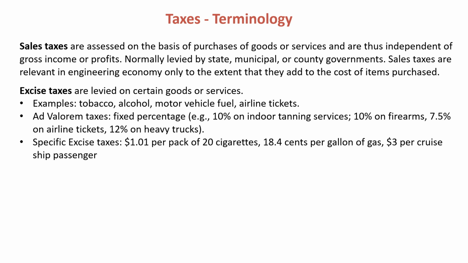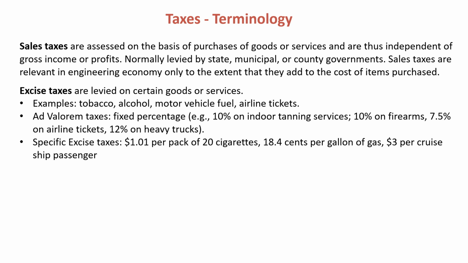And a lot of times you don't see that excise tax, just the provider pays it, and they make it invisible to you. So for example, there's a 10% tax on firearms. When you buy a gun, you do pay sales tax, but there isn't a separate line that says 10% excise tax.